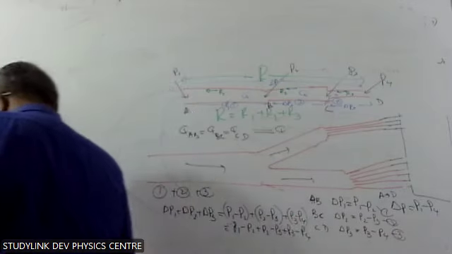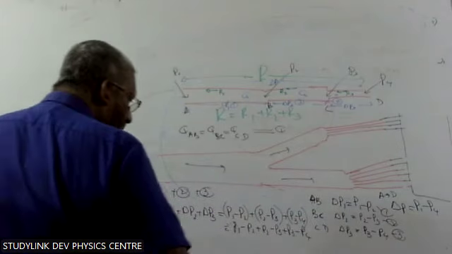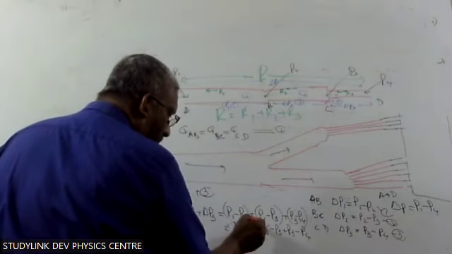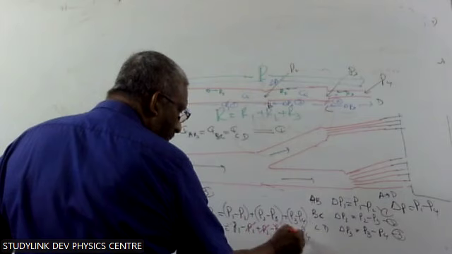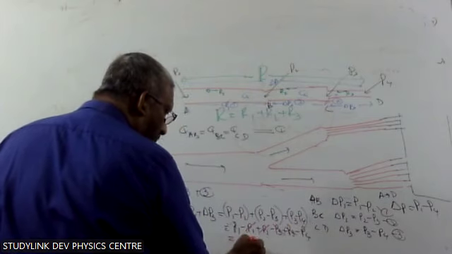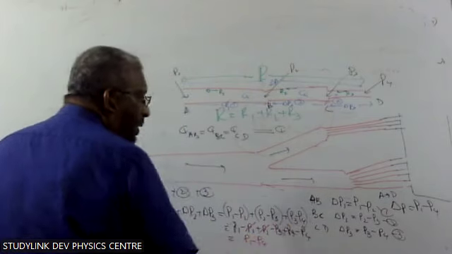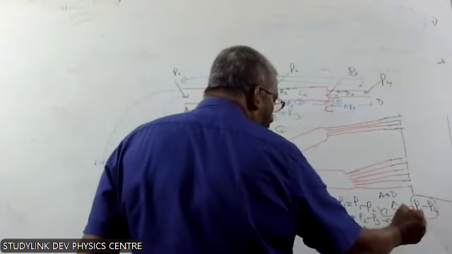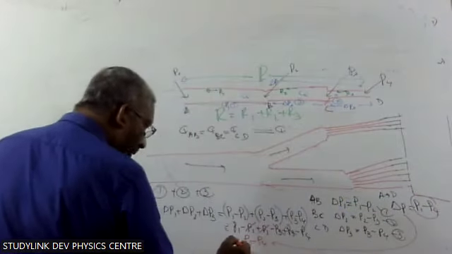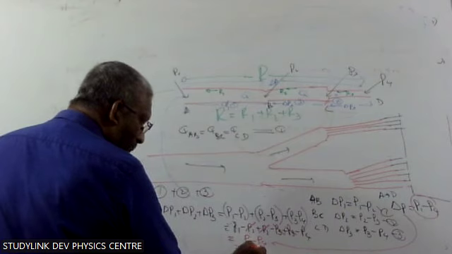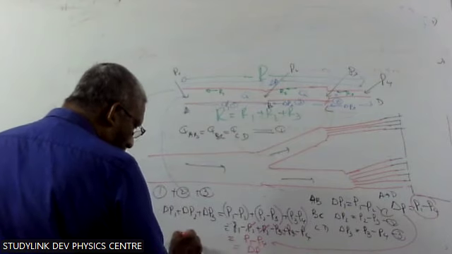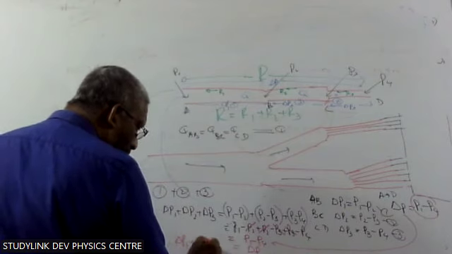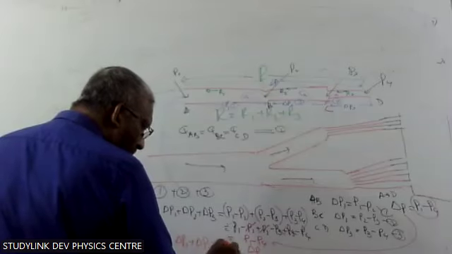Look at this. Then what happens? Plus P2 minus P2 cancel. Then you get P1 minus P4. P1 minus P4 is delta P. So this is delta P. Then delta P is equal to delta P1 plus delta P2 plus delta P3.